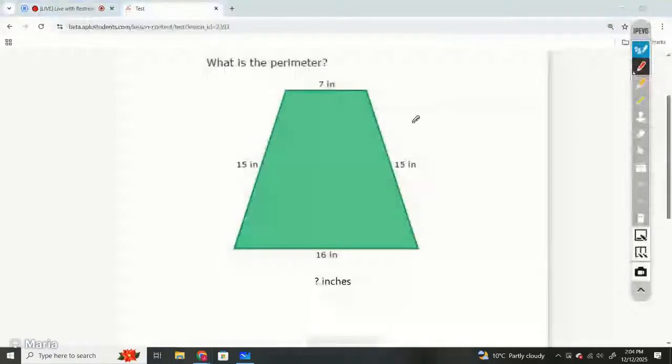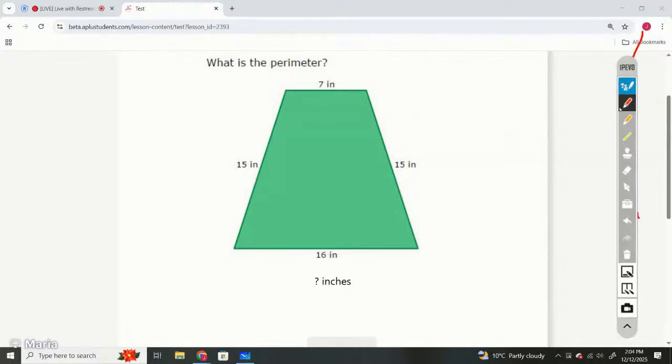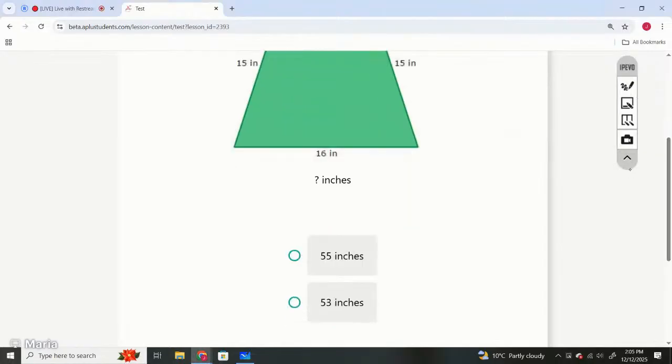So that is 7 plus 6 plus 15 plus 15. So 15 plus 15 makes 30, then 46, 47, 48, 49, 50, 51, 52, 53. So the perimeter is 53 inches. Option number 2 is the correct option.